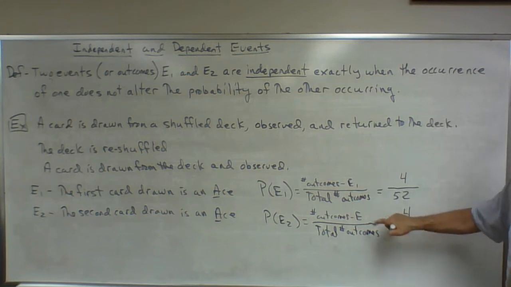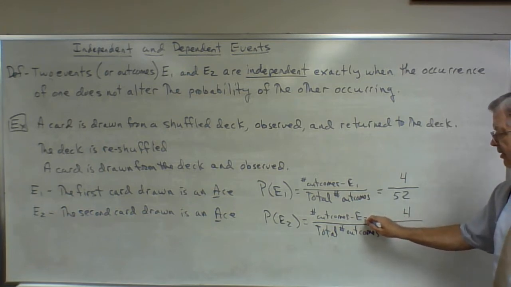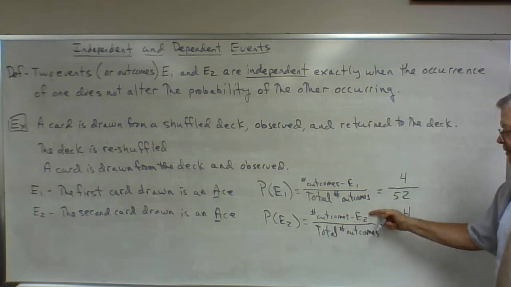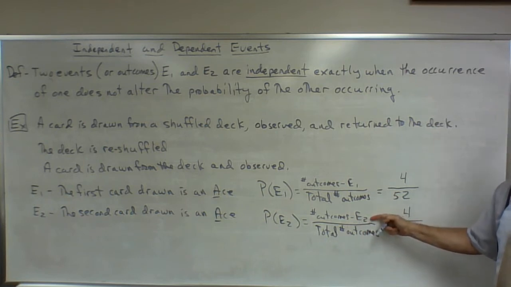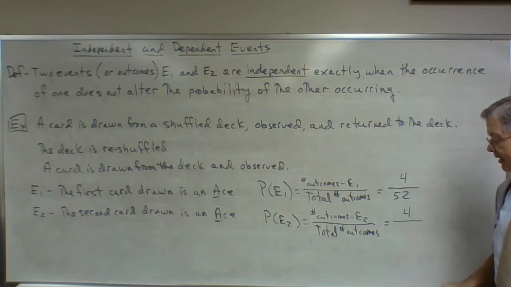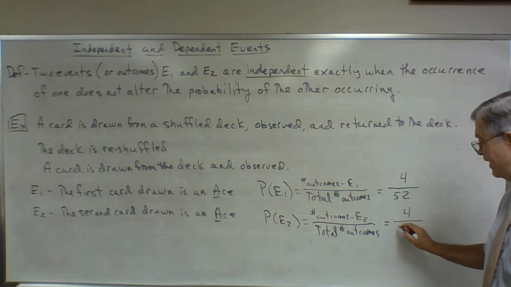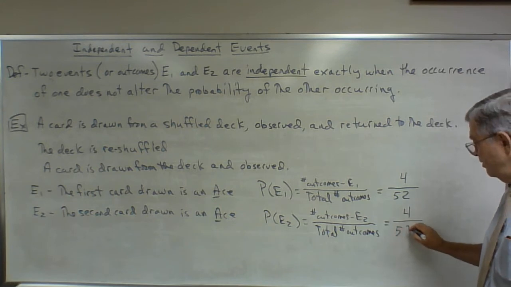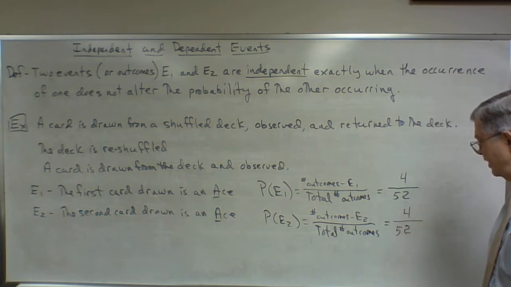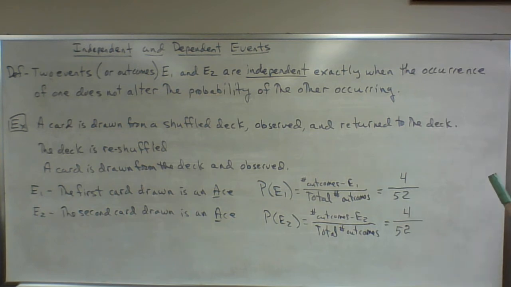Whoops, this should say E2, I beg your pardon. Number of outcomes resulting in E2, getting an ace the second time we draw: 4 outcomes will give us an ace. Ace of clubs, ace of diamonds, ace of hearts, ace of spades. And the total number of outcomes is still 52.